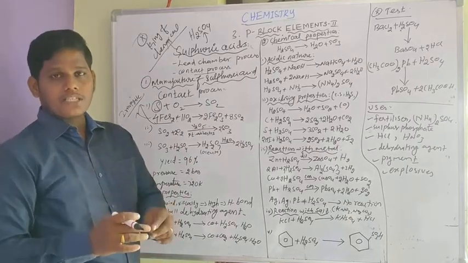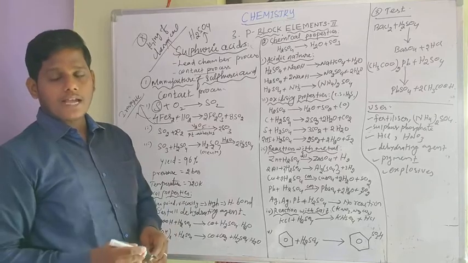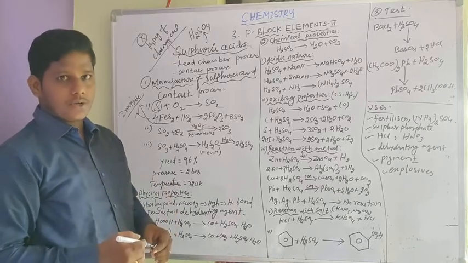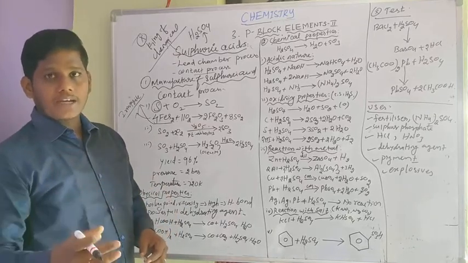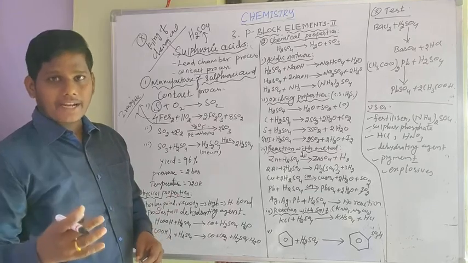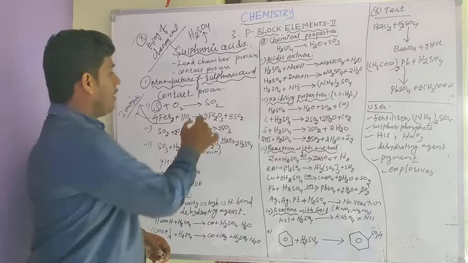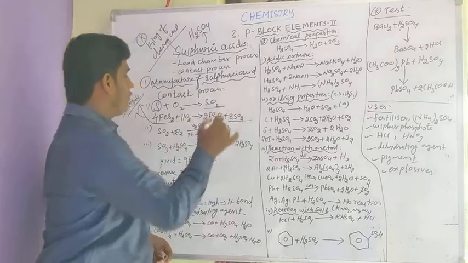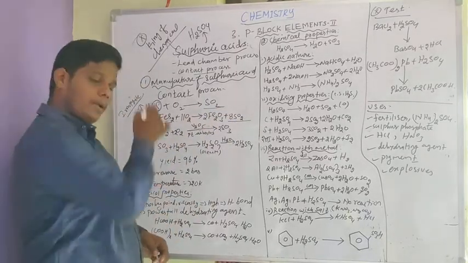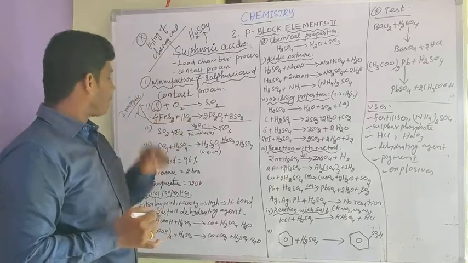So sulfur or iron pyrite is converted into sulfur dioxide, SO2. This is the first step of the contact process.